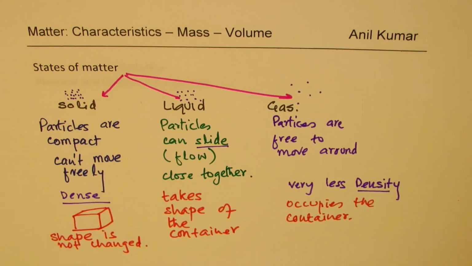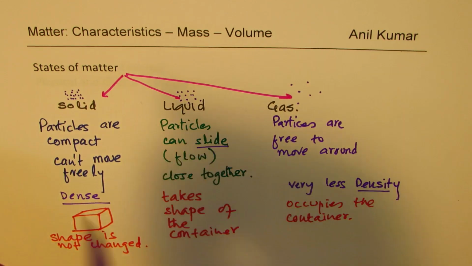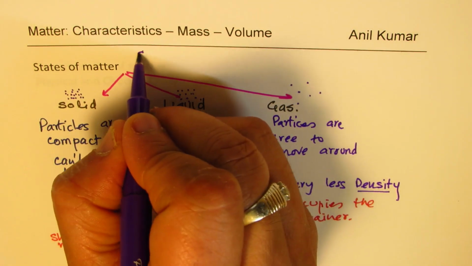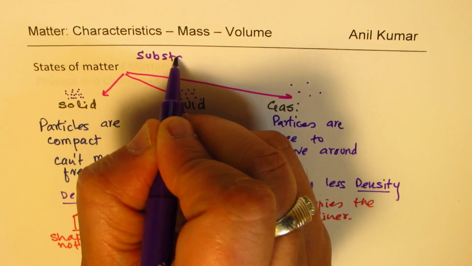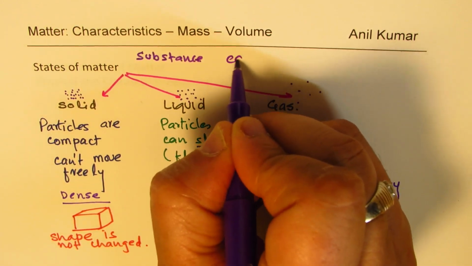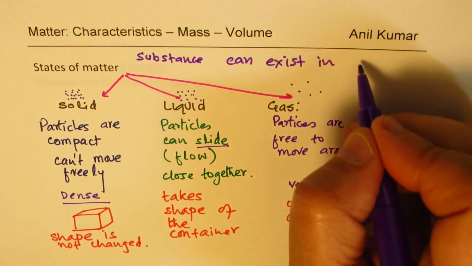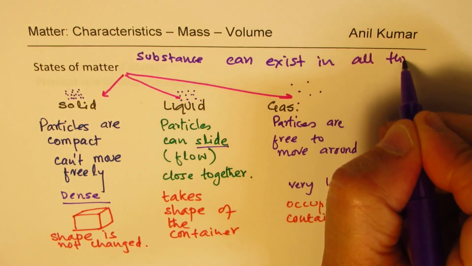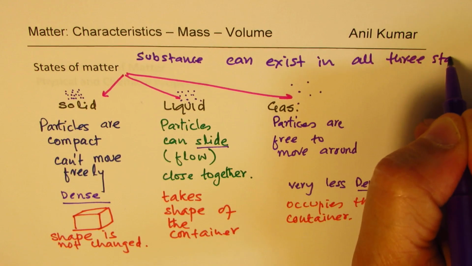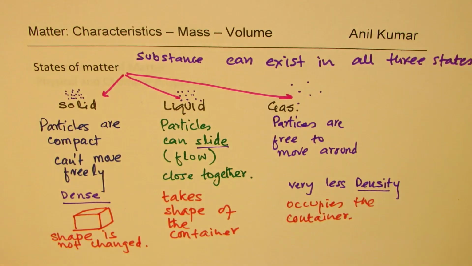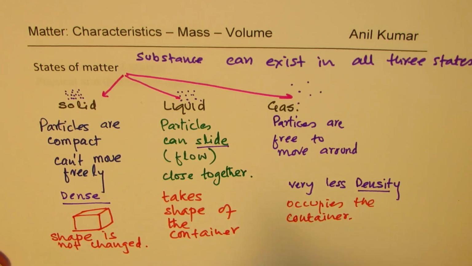Now, it is important to understand that any given substance can exist in all three states, right? So a very good example is ice, water, and vapor, right?